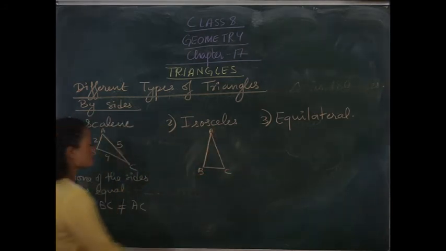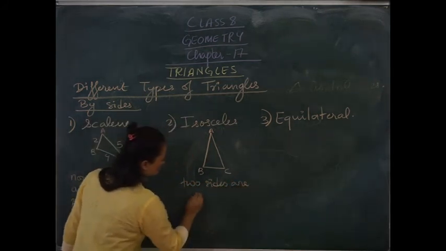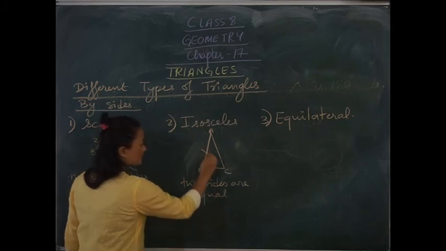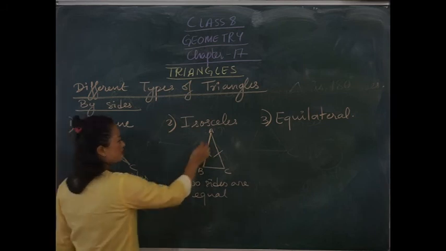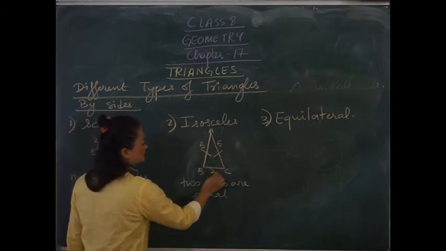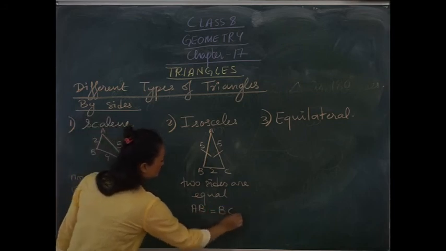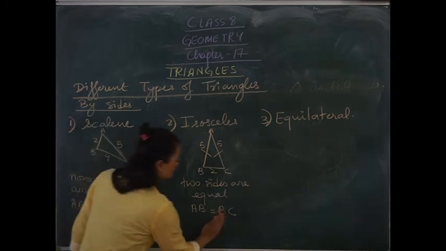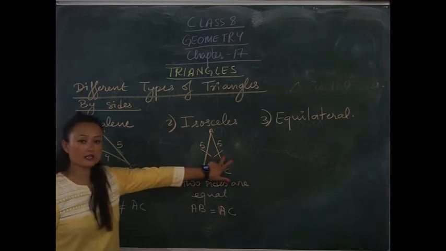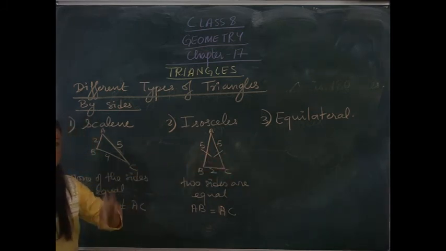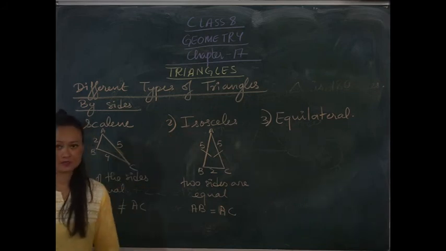So in the figure, say this is 5 units, this is 5 units, this is 2 units, which means AB is equal to AC. So the two sides are equal. If two sides of a triangle are equal, we call it an isosceles triangle.